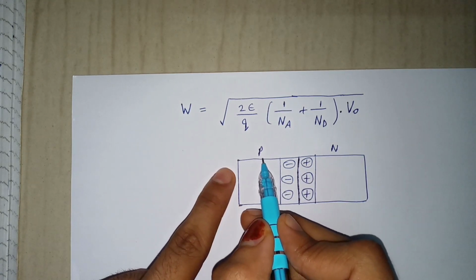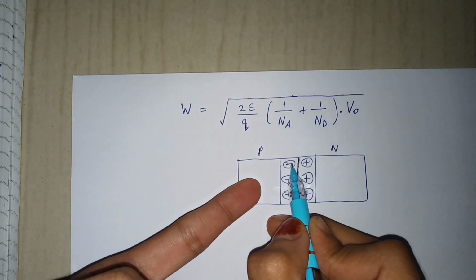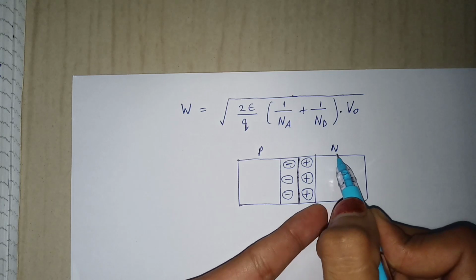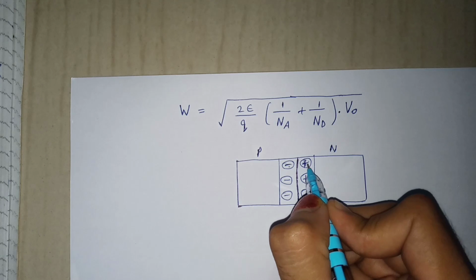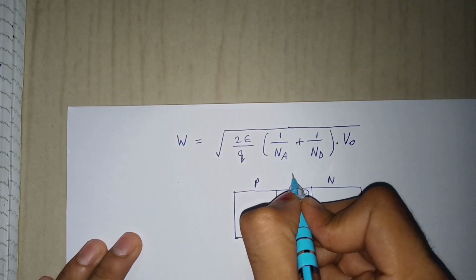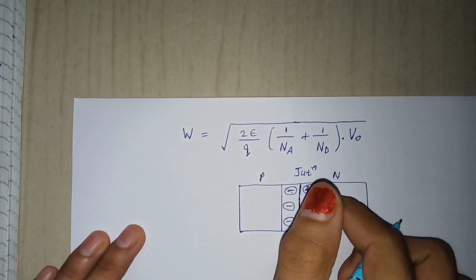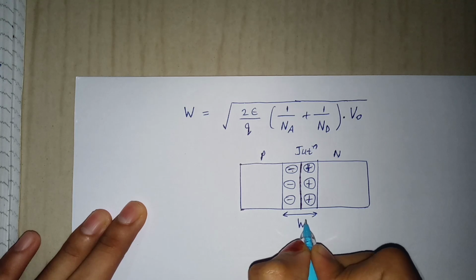What minority carrier is present on the p side? Electrons, therefore this is the negative immobile ion, and the minority carrier present in n-type is holes, plus, therefore it is the positive immobile ion, and this junction is formed due to the negative immobile ion and positive immobile ion. This is the depletion width W.